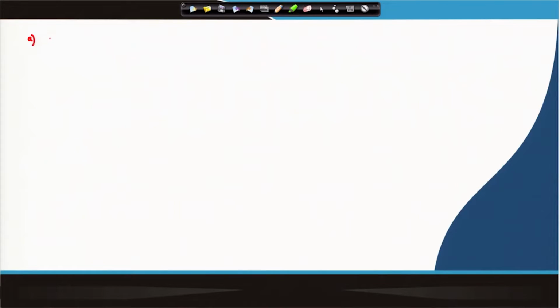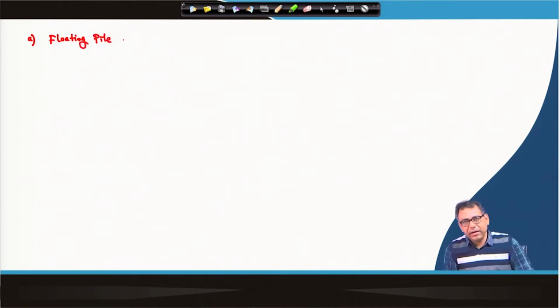That value or expression is given for a floating pile. A floating pile means the pile is not resting on a rigid stratum, it is in uniform soil.